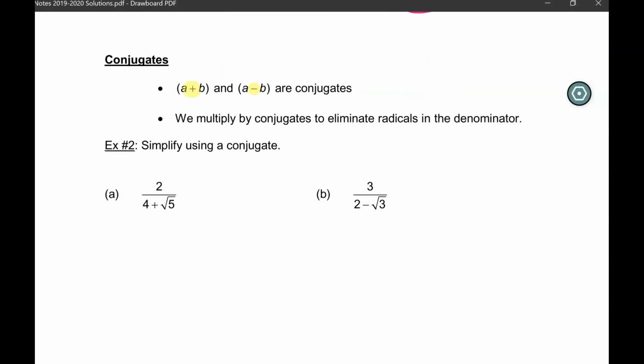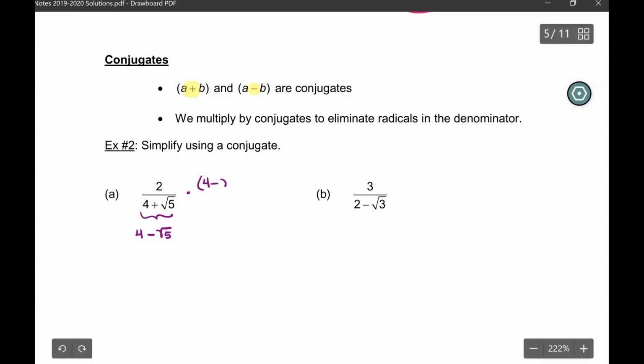So I am going to multiply by whatever the conjugate of the denominator is. So if I see 4 plus root 5, I'm going to do 4 minus root 5. Okay? And just like when we were rationalizing the denominator, we're going to do the same thing here, but we're going to multiply the numerator and denominator.